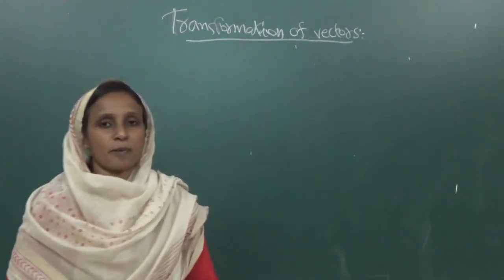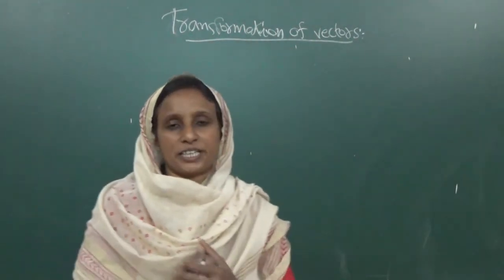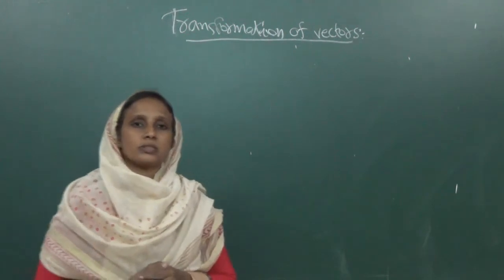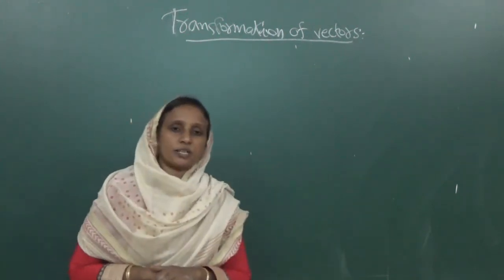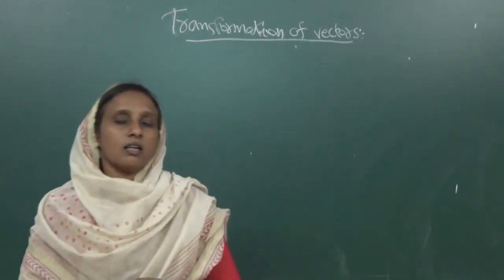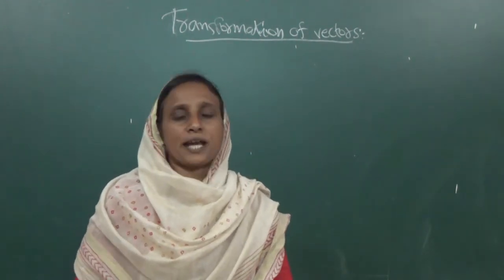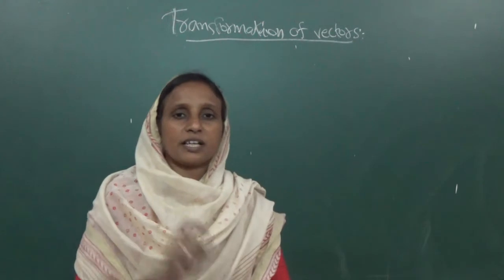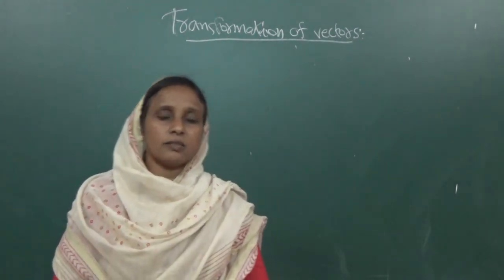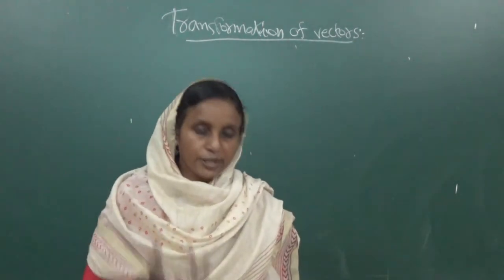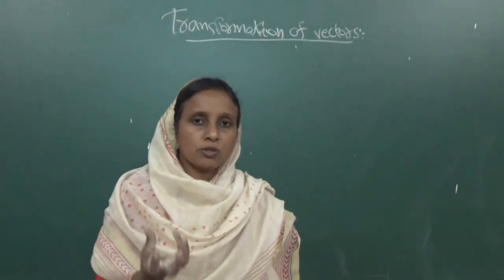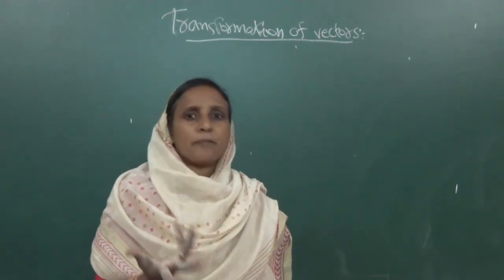Now we can discuss the transformation of vectors. We already learned about vectors and said that there are three components in a vector. Sometimes we use brackets to represent x, y, z and so on. Consider a group of mangoes, oranges and bananas.